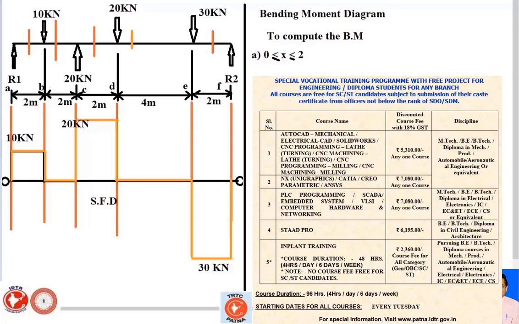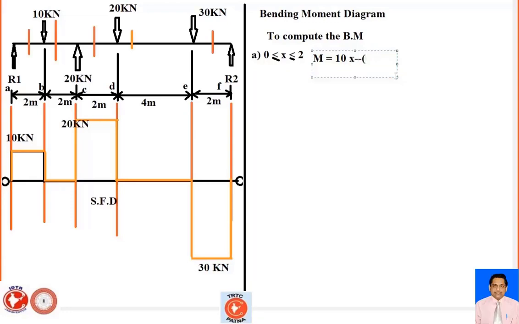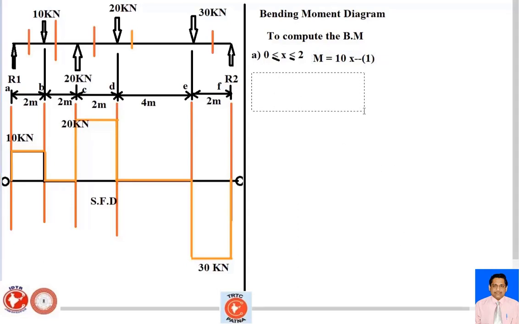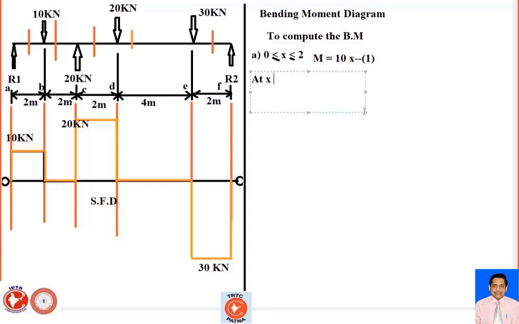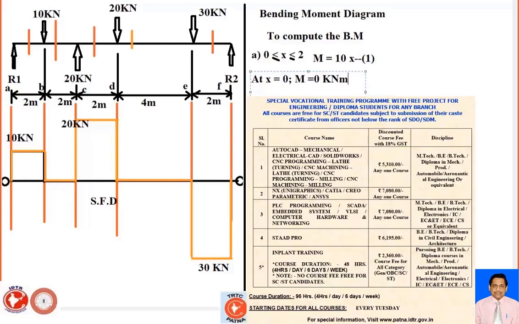And your moment equation is M equal to basically 10 multiplied by x. So equation number 1. At x equal to 0, the moment is 0 kilonewton meter.